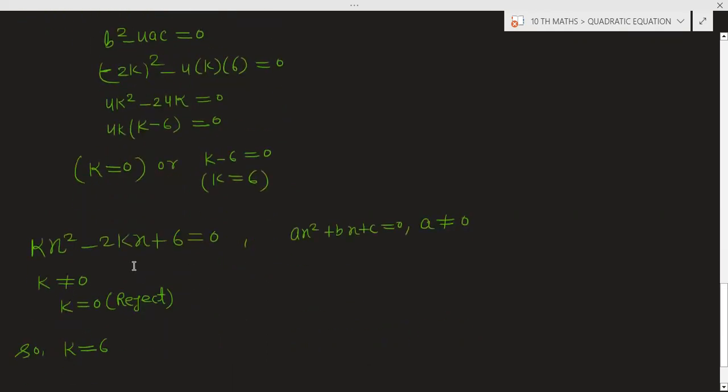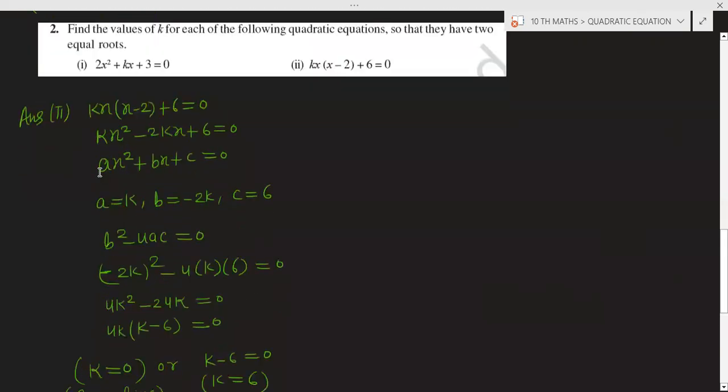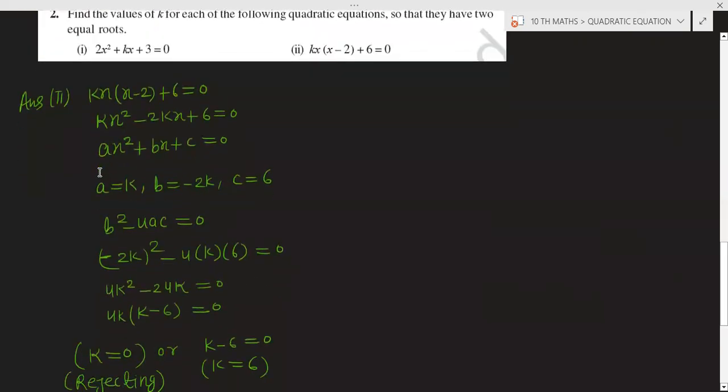Why have we rejected k equal to 0? Sir, because k is in the place of a in the quadratic formula, and a cannot be 0. Yes, because if a is equal to 0, then the quadratic equation will not be quadratic. It will be a linear equation. Yes, sir.